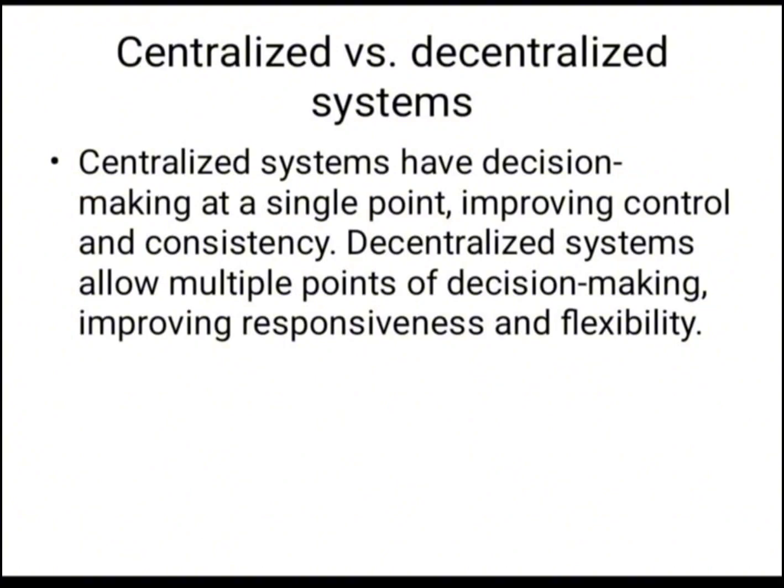However, it may lead to differences in procedures or outcomes since there is less central control. So, basically, the centralized system is controlled, but the decentralized system has less control.